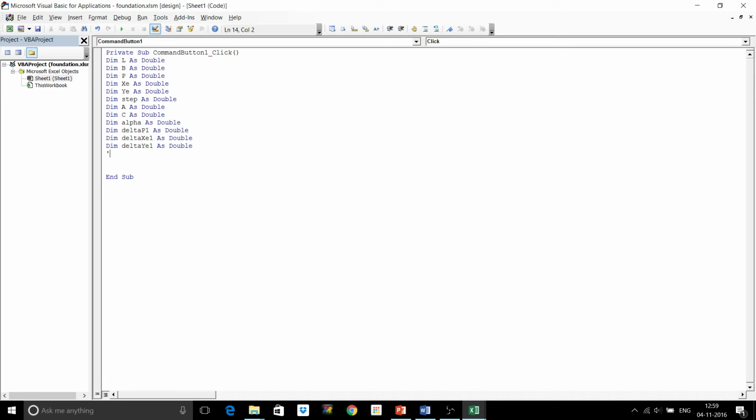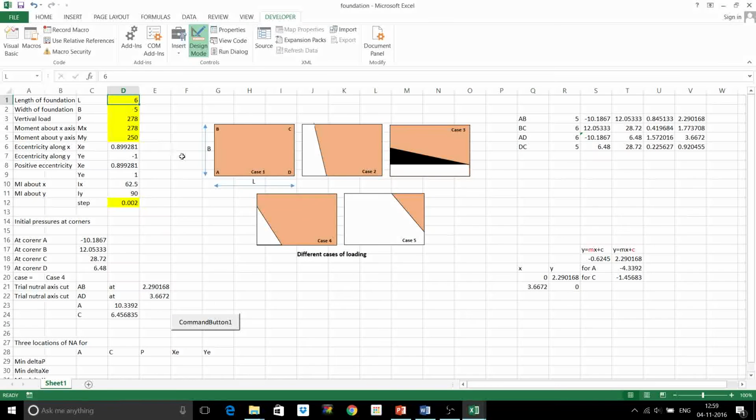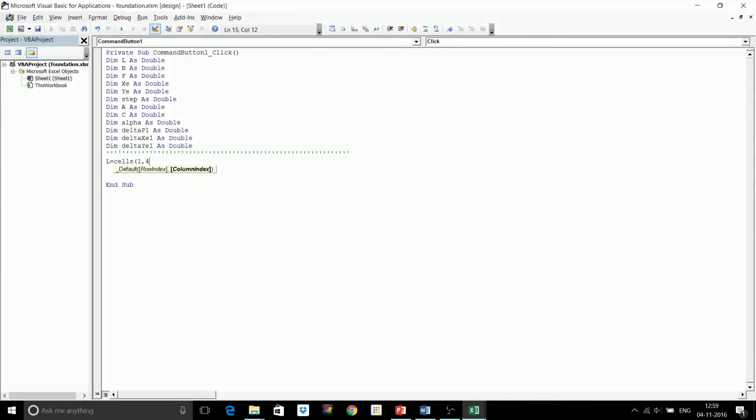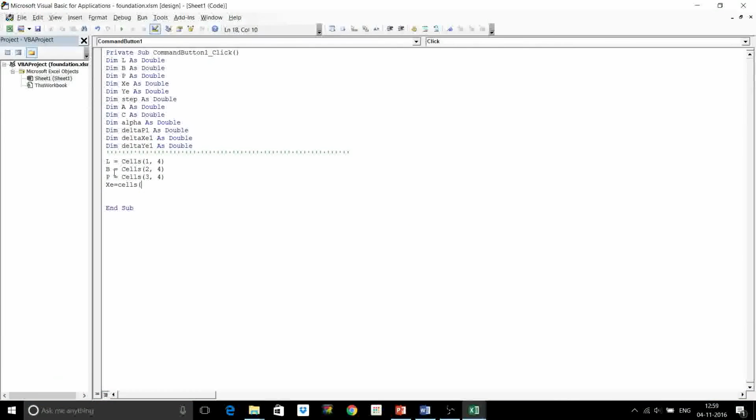After the definition, I will put one line to differentiate. L is equal to cells 1 4. Then B is equal to cells 2 4. Then P is equal to cells 3 4. Then XE is equal to cells, positive eccentricity I will consider here, 8 4.